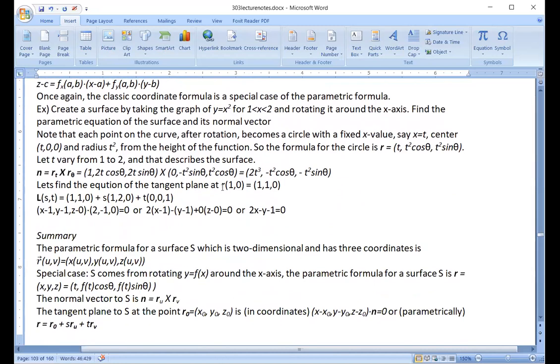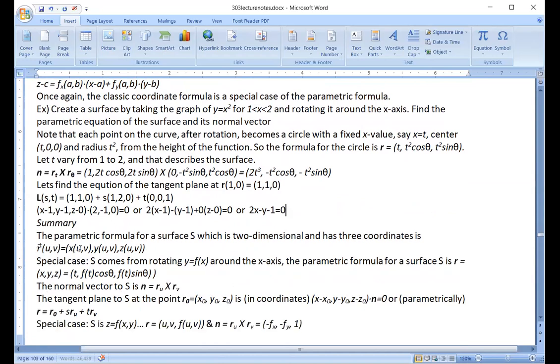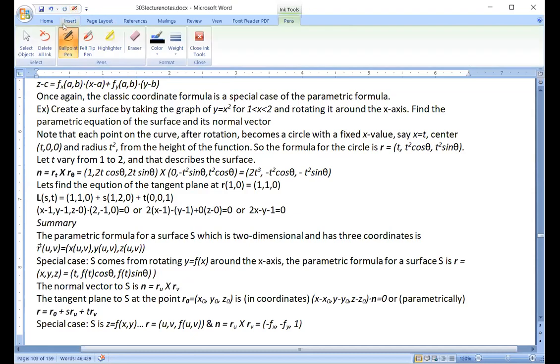So to bring it all together, let's summarize all the things that we did. The parametric formula for a surface S, which is two-dimensional and has 3 coordinates, is r(u, v) = (x(u, v), y(u, v), z(u, v)). We also talked about a special case where the surface S comes from starting with y = f(x) and rotating it around the x-axis.